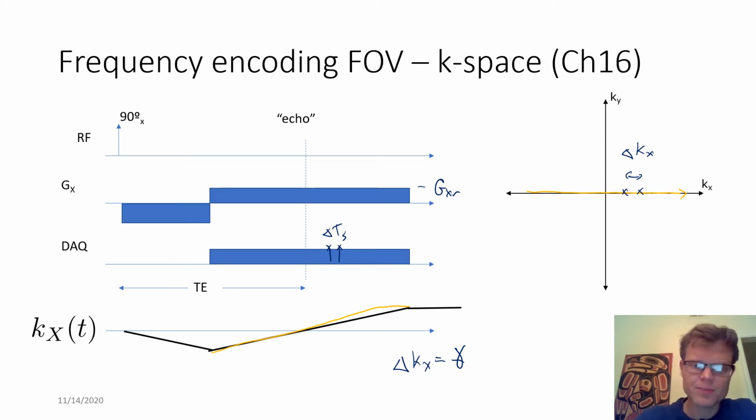So what we're really trying to look for, and we can look at it in this plot, is say at this sample and this sample here, the height distance here, this is delta kx, how much have we moved in delta kx over this small time interval. It turns out it's going to be proportional to this gradient area, because I just draw my quick k-space equation.